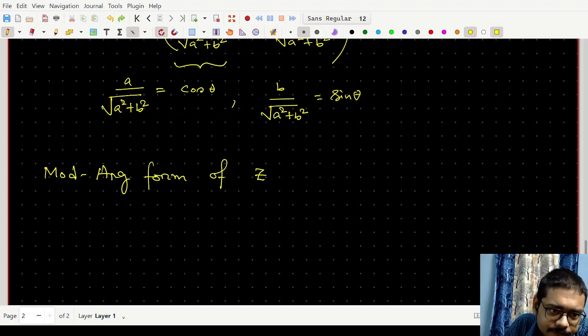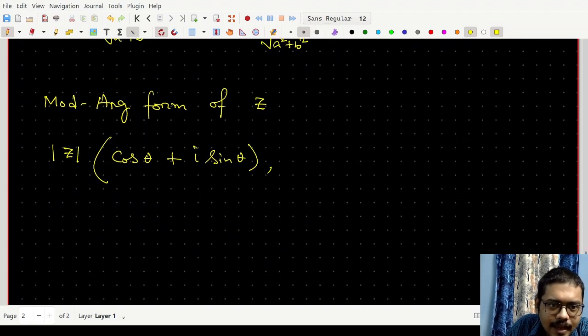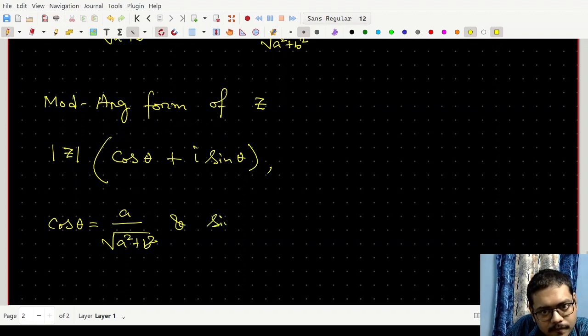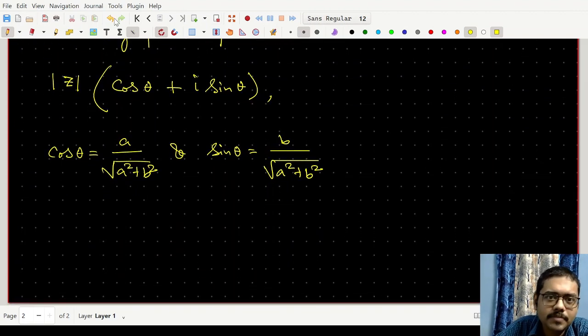It is simply, we take the modulus in front and then cos of theta plus i times sine of theta, where the angle theta is given by these two equations. Now we will move on to some examples.